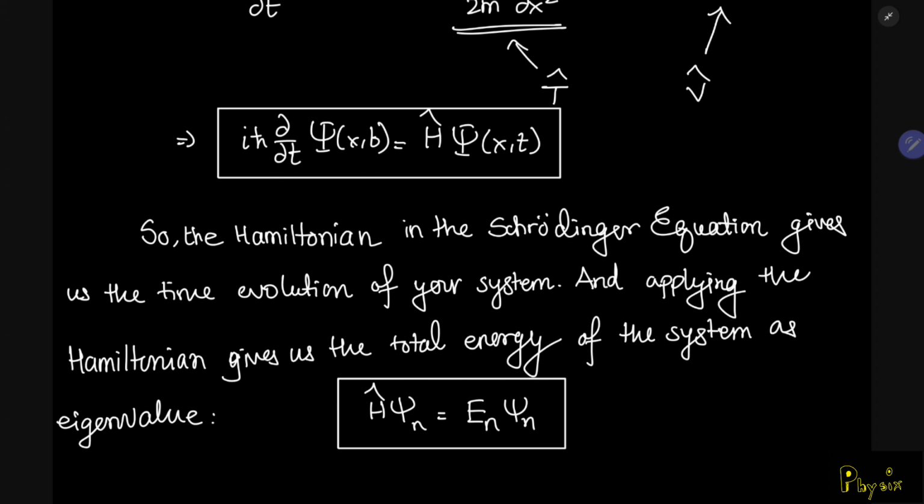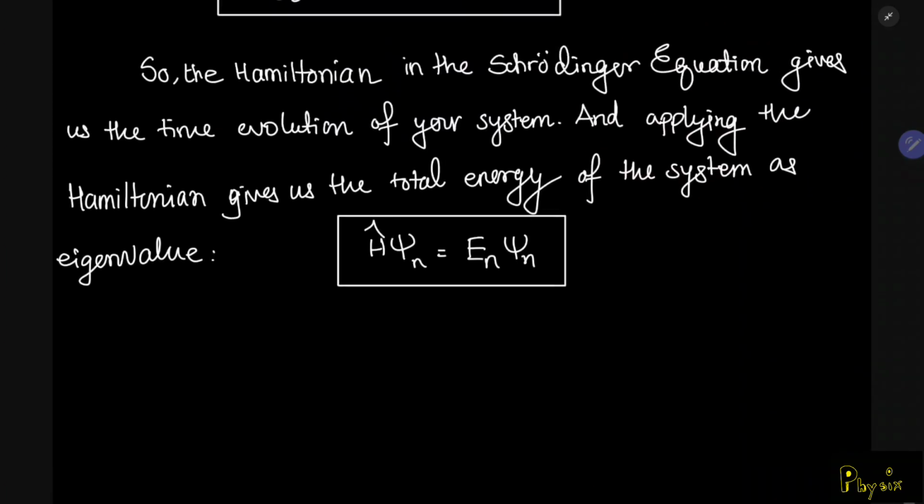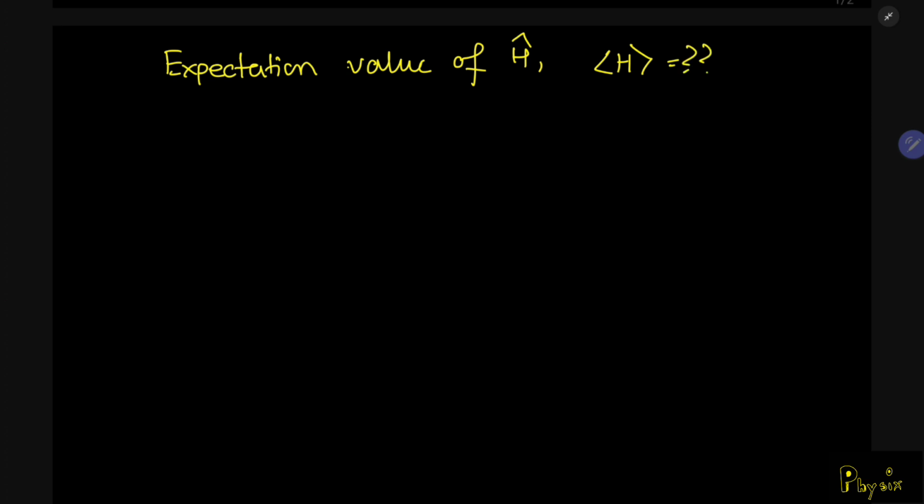Now let's move on to finding the expectation value of your Hamiltonian, since we did expectation values for quantities such as x, p, x squared, and p squared. So let's find the expectation value of h.